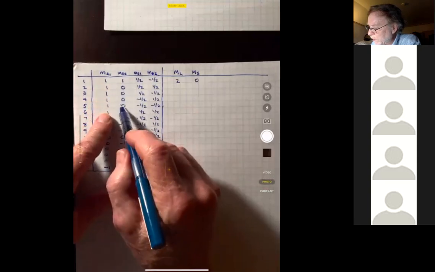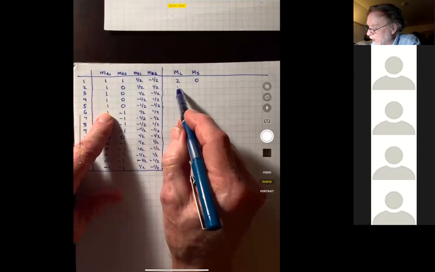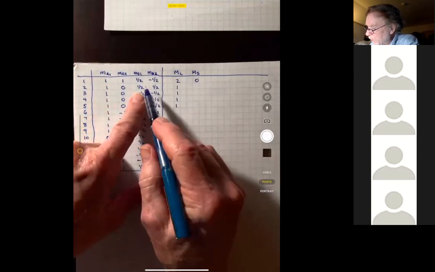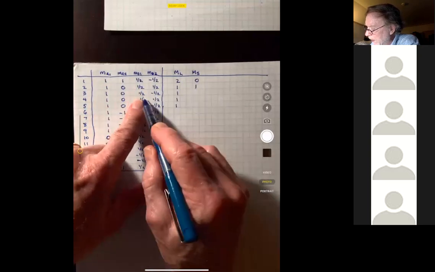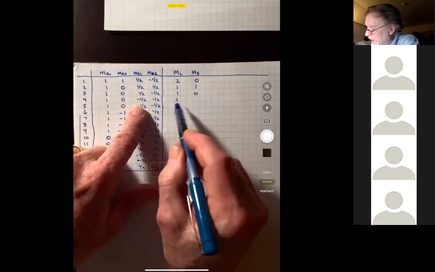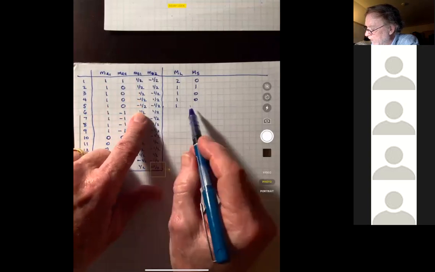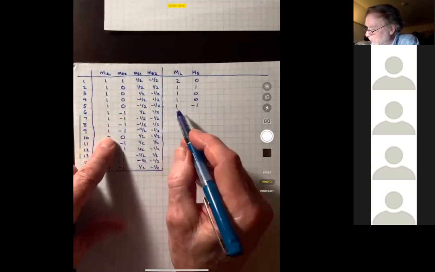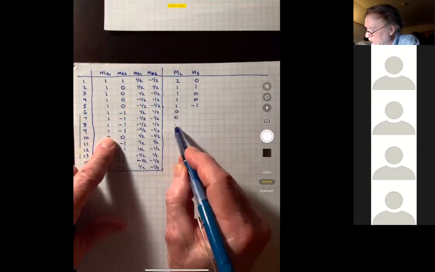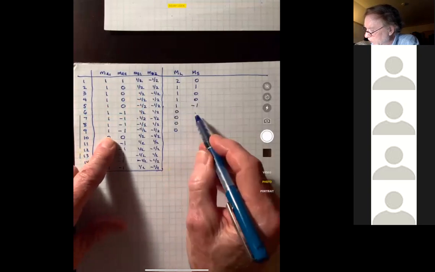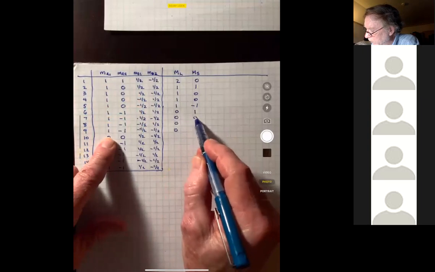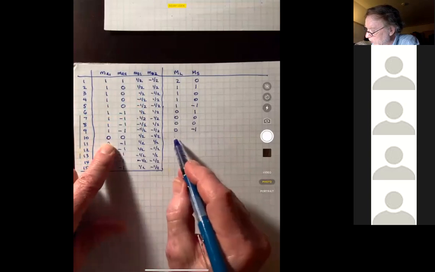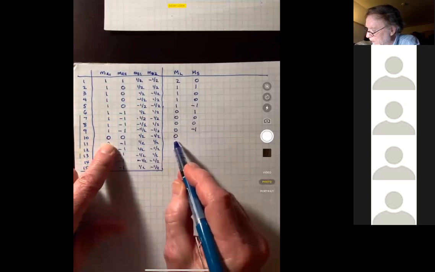Then I've got 4 1 zeros here for the 2 MLs. That's going to give me a total ML equal to 1, 4 of them. The spin values are a half plus a half, which is 1, a half minus a half, which is 0, minus a half plus a half, which is 0, and minus a half minus a half, which is minus 1. Then I have 4 1 minus 1s, which add up to a total ML of 0. Put that in, and the spin values are just like we did a minute ago, 1, 0, 0, minus 1. Then we have ML equal to 0 for a total ML of 0.